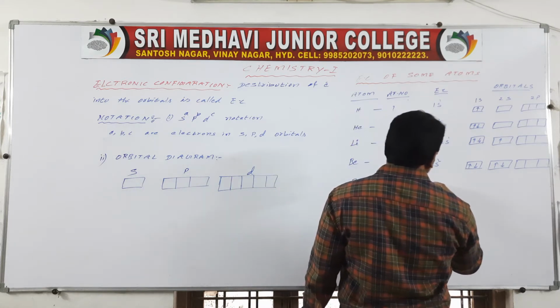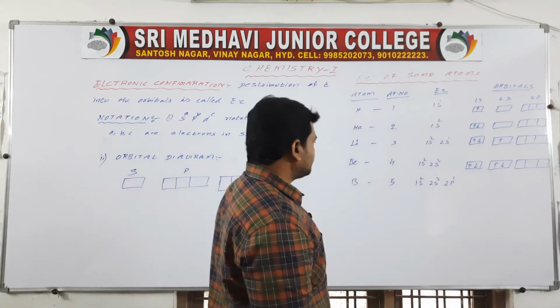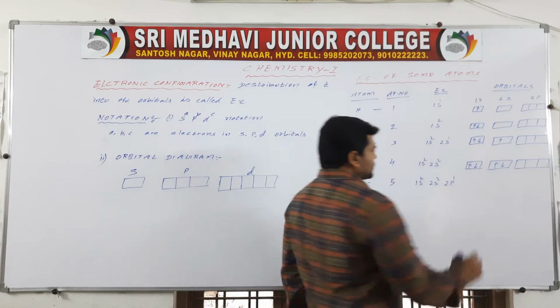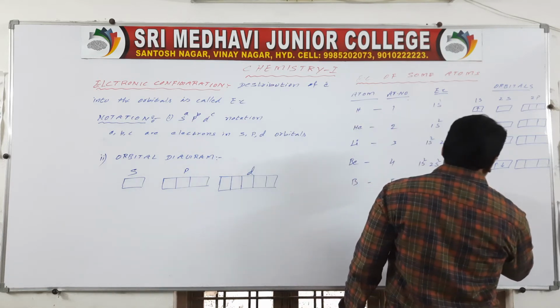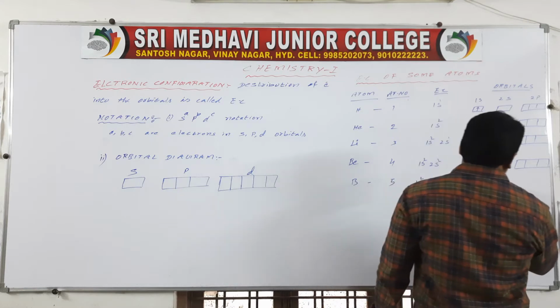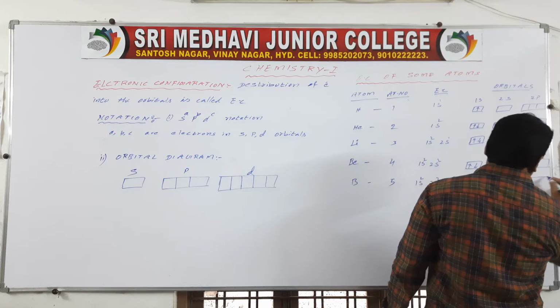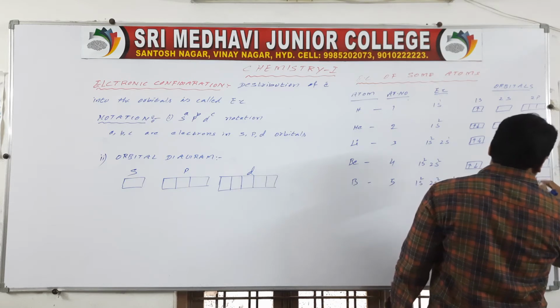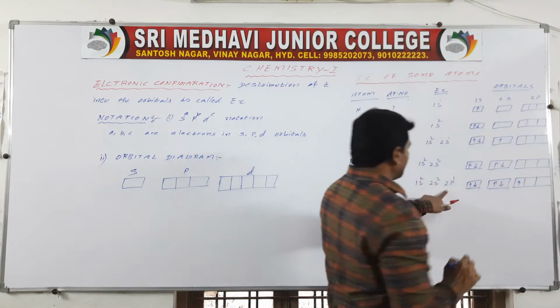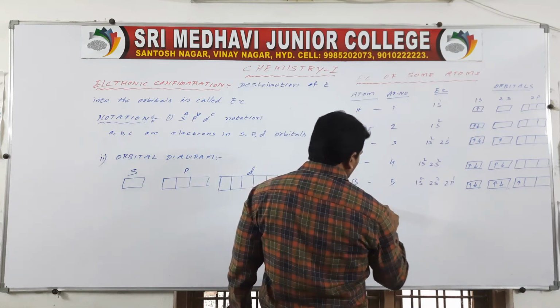Electronic configuration 1s2, 2s2, 2p1. The 1s has 2 electrons, 2s has 2 electrons, and the p orbital has a single electron, 2p1.